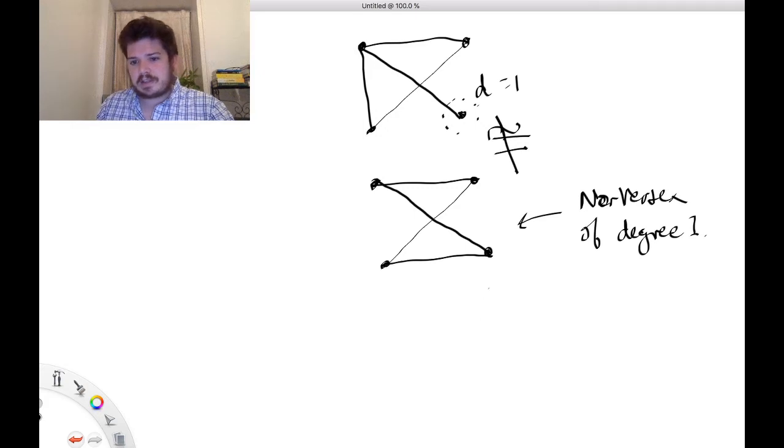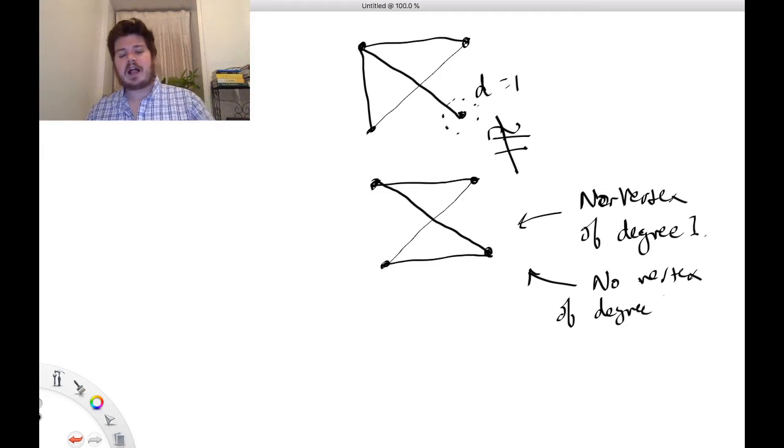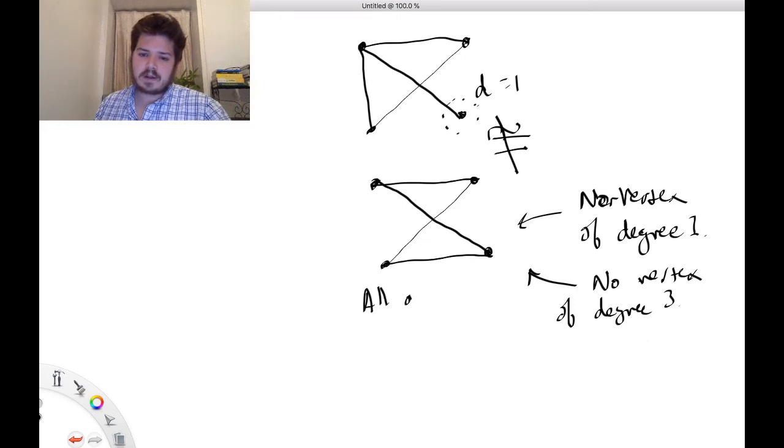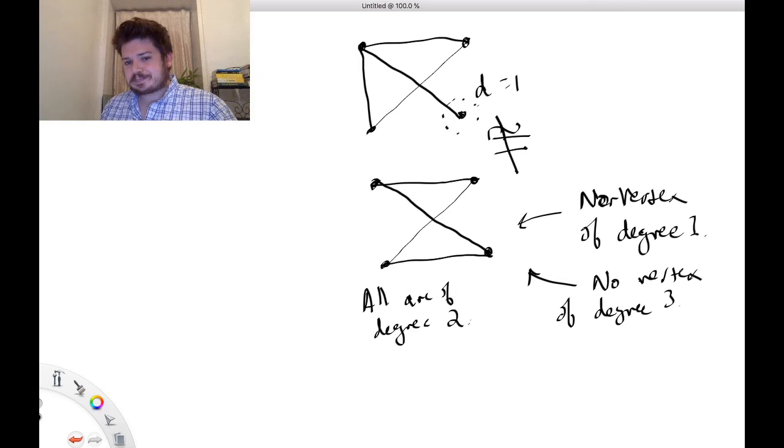And also you can see it has no vertex of degree 3. So immediately we can tell by the degree of the vertices, all are of degree 2, that these two graphs are not isomorphic.